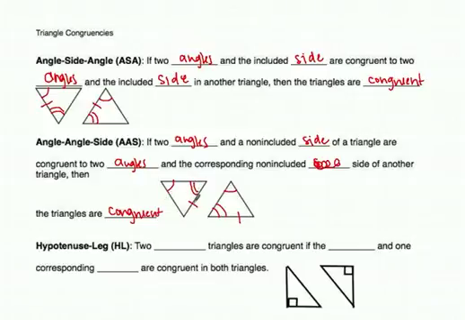Also notice that this side and this side were congruent. Remember, it says that they have to be corresponding, which means in the same location.